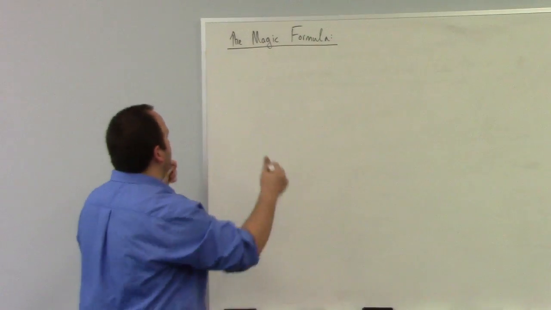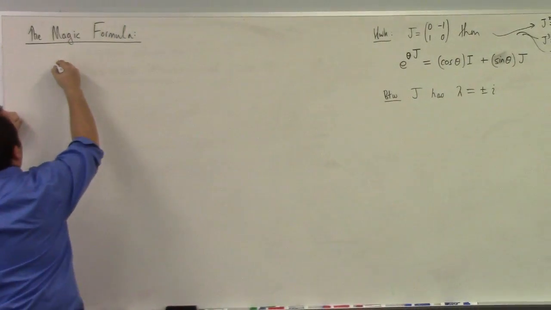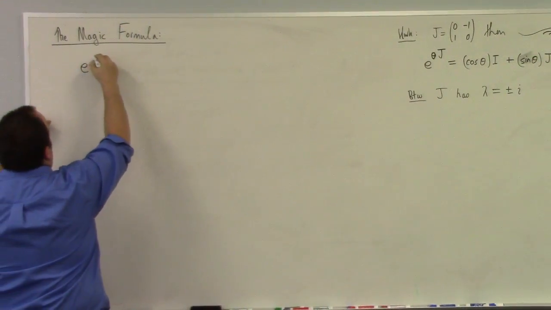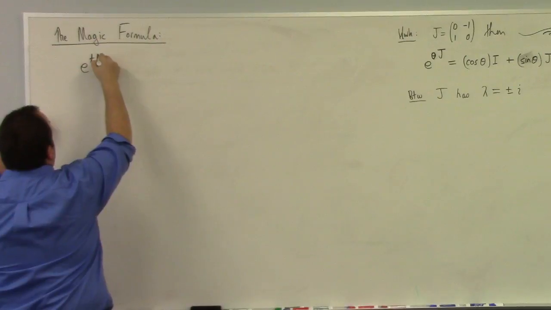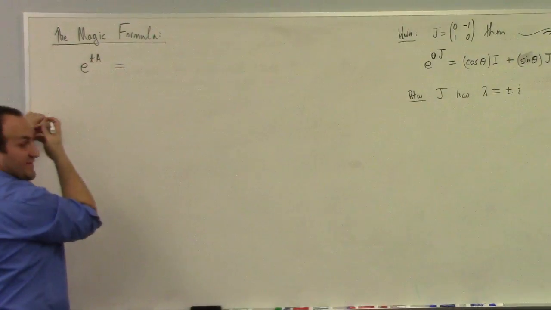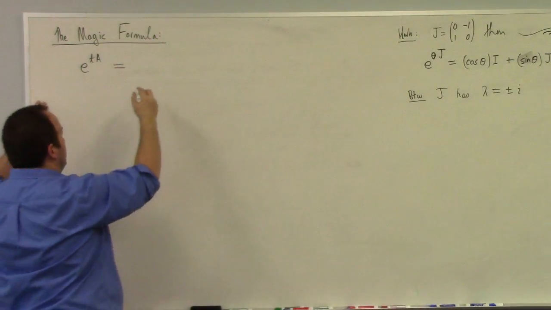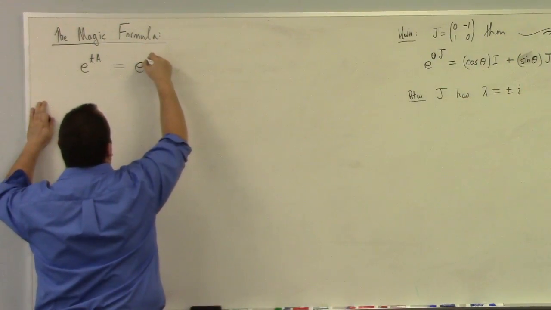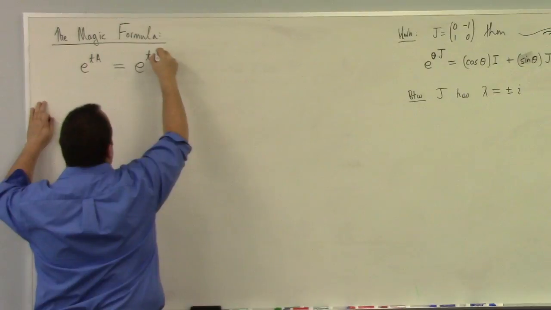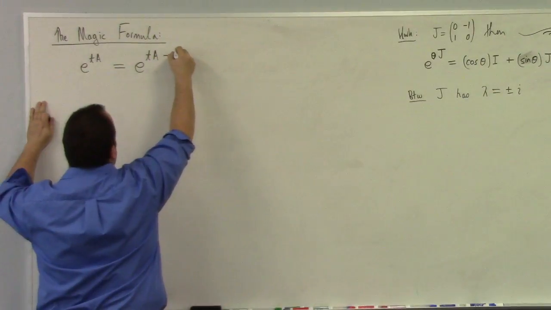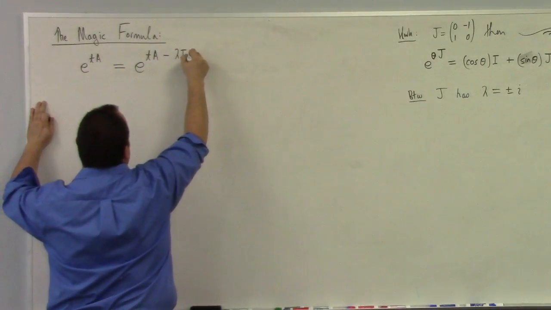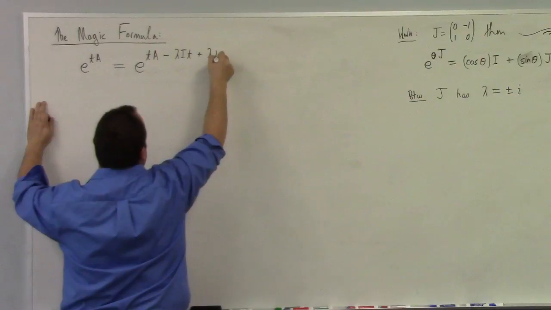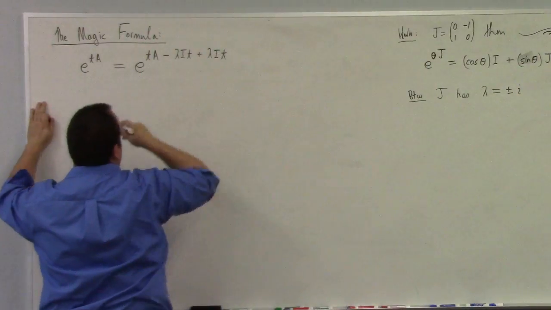Oh yeah, magic formula. So let's work it out. So here we go. e to the tA is equal to, this is going to be one of those adding zero kind of deals. This is e to the, well, first of all, I can trade: e to the tA minus lambda It plus lambda It.